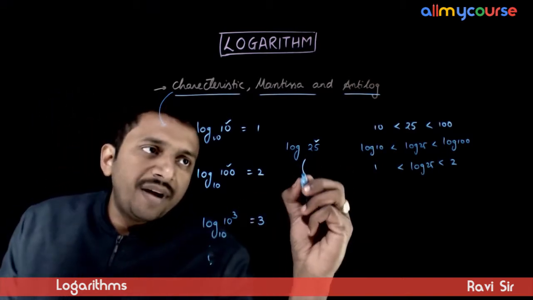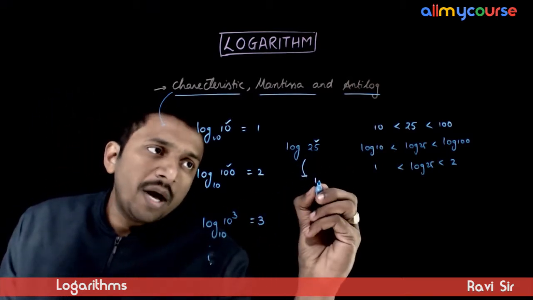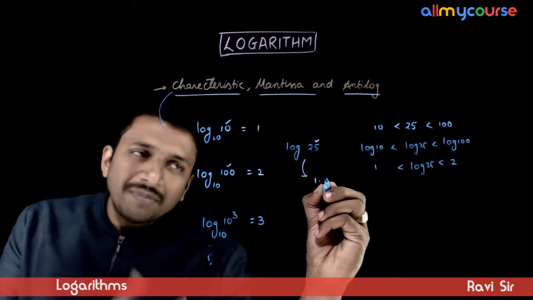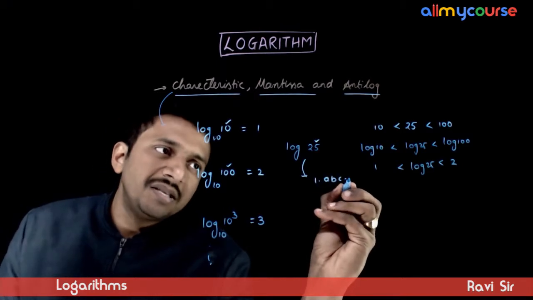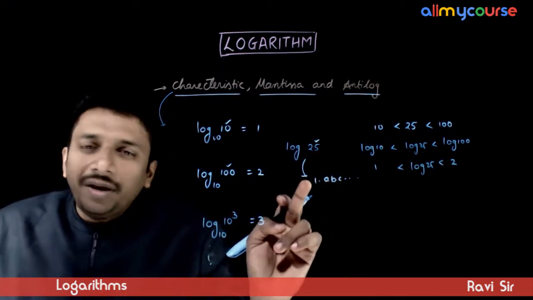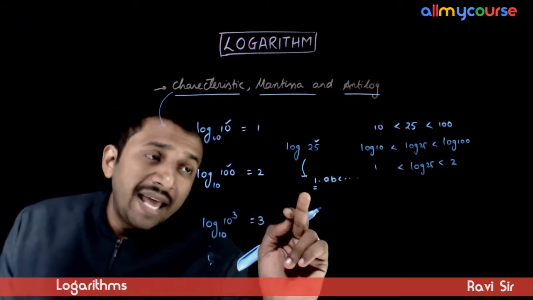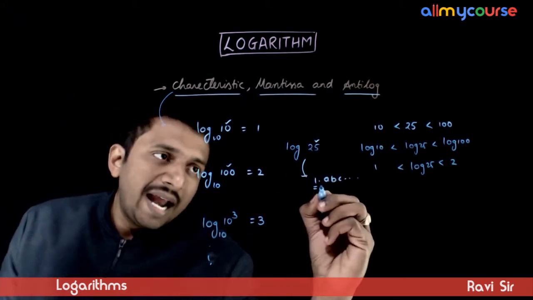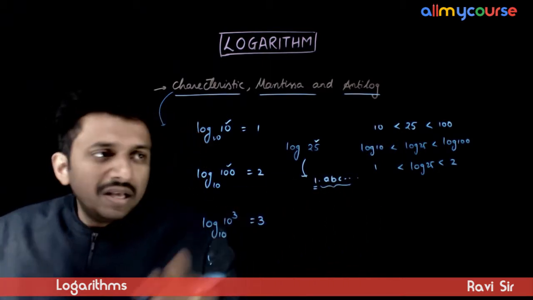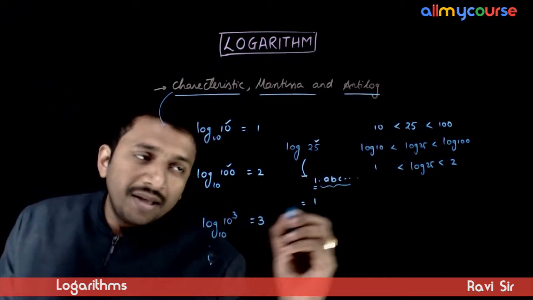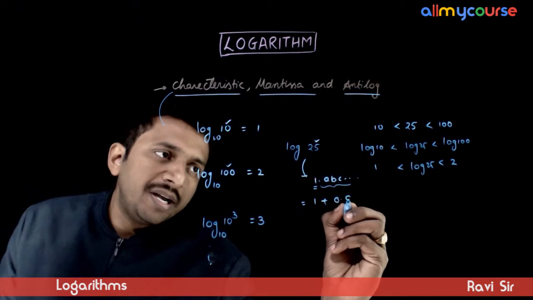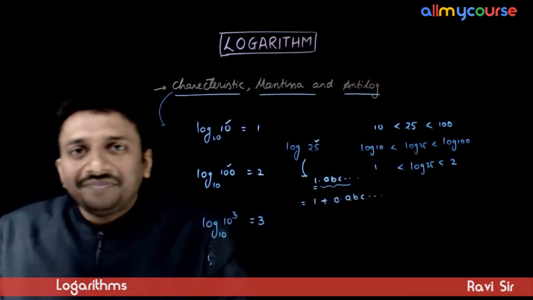So log 25 will be of the form 1 point, there will be some decimals, let us say A, B, C, and so on. Now you have an integral part of this number and a decimal part of this number. So this can be written as 1 plus 0 point A, B, C, and so on.